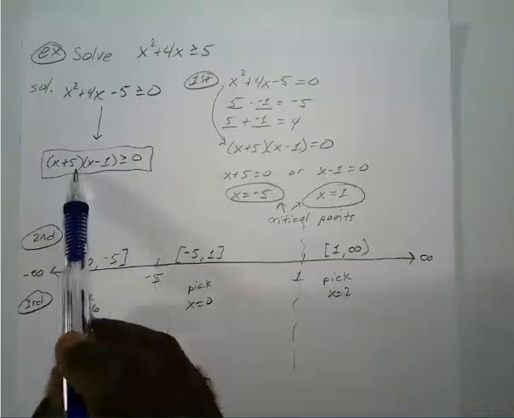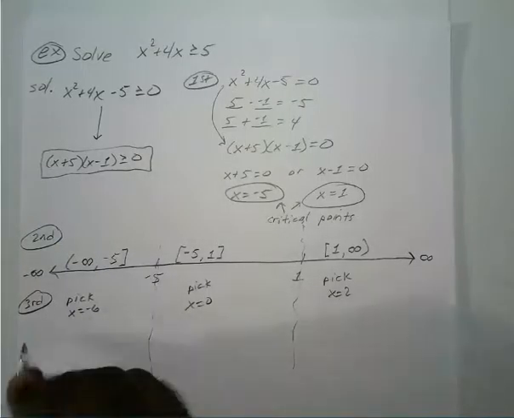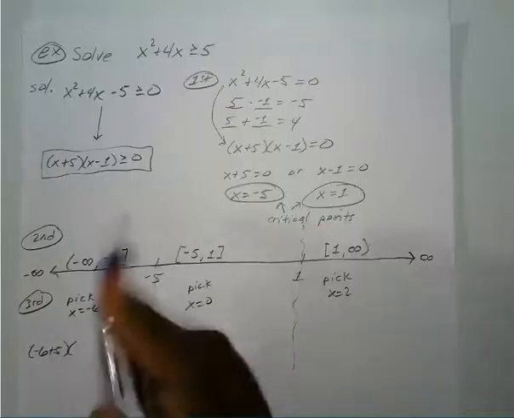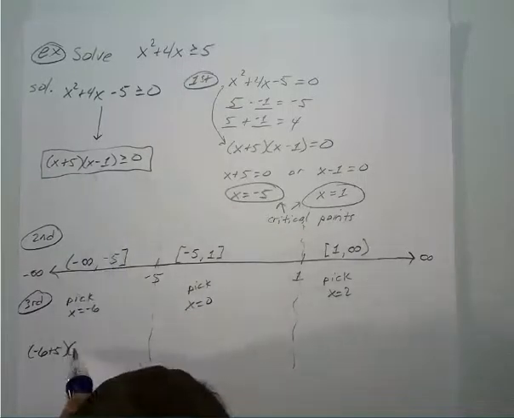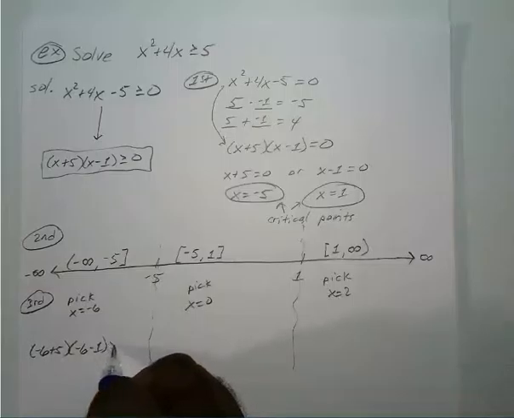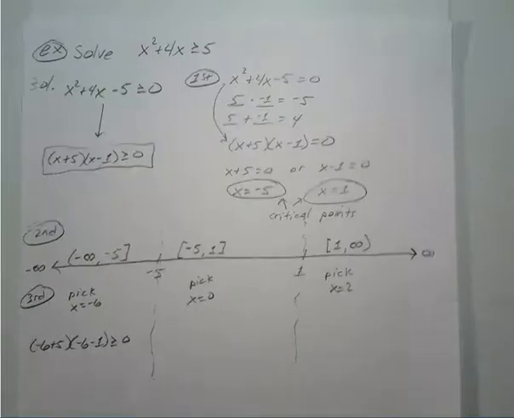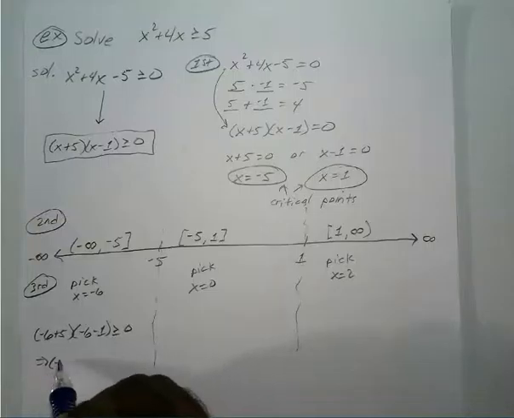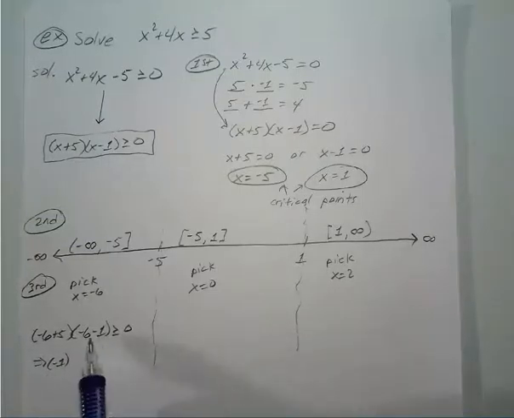Okay, so instead of x plus 5, we're going to pick negative 6 plus 5. Instead of x minus 1, it'd be negative 6 minus 1, is greater than or equal to 0. So negative 6 plus 5 gives us negative 1.